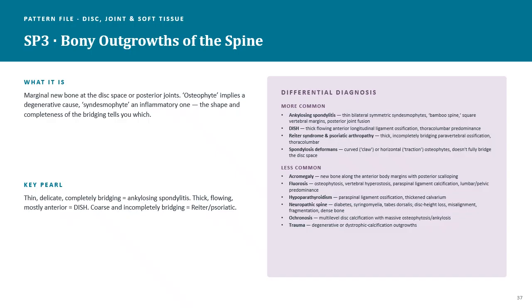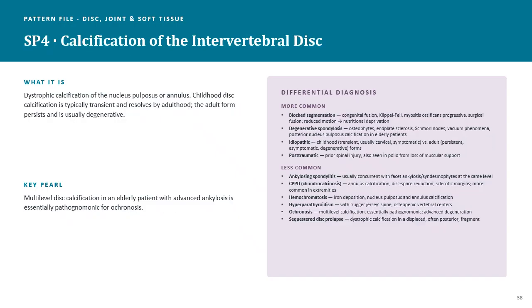Now we're moving on to calcification of the intervertebral disc. So I do want to reflect back, and this is something again that you learned in procedures. The discs are basically cushions that sit between our individual vertebrae or the spine bones.